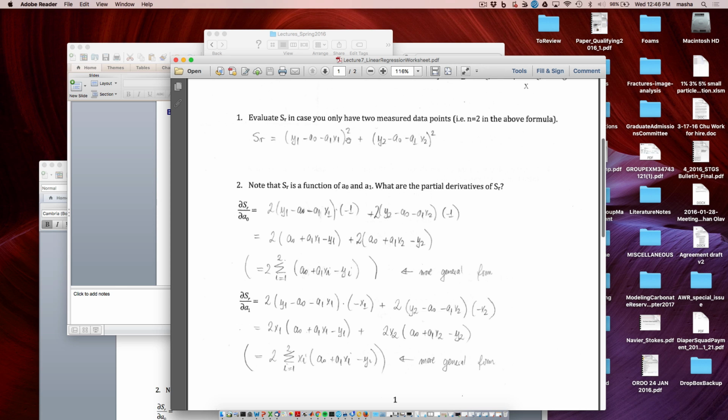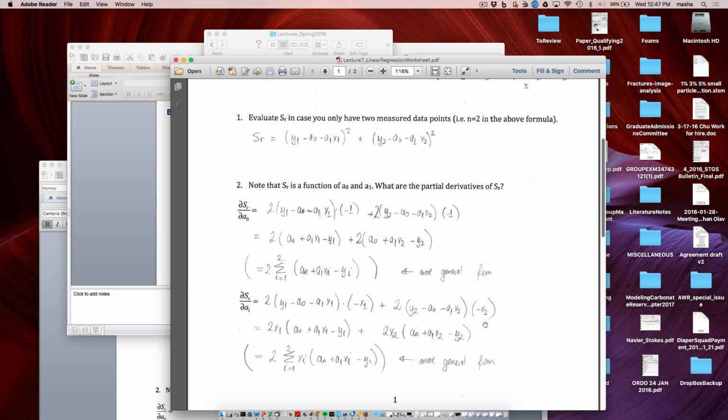So basically I'm going to have 2 times this times minus x1, because that's the constant multiplying a1. So essentially we will have 2 times this term times minus x1. And in this second case, you're going to have minus x2. So I just cleaned that up a little with the minus going inside the brackets, and this is what I have.